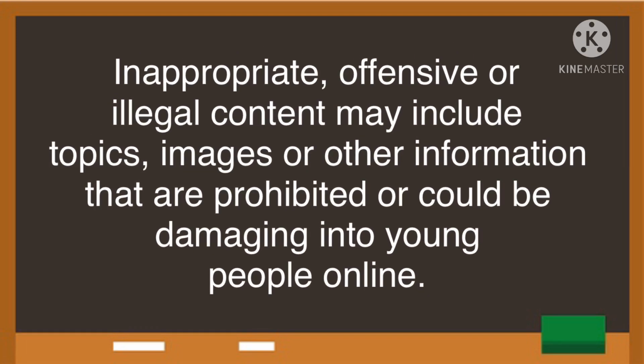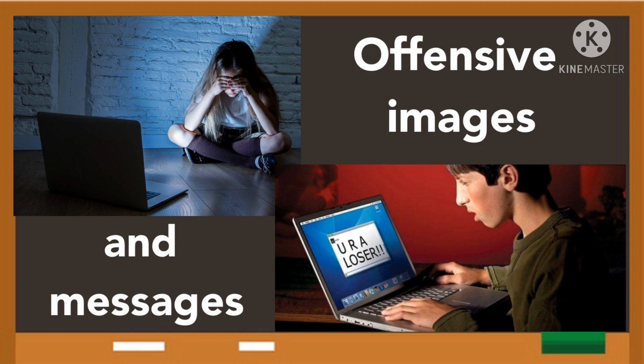Fourth is when your child sees offensive images and messages. Inappropriate, offensive, or illegal content may include topics, images, or other information that are prohibited or could be damaging to young people online. Children and young people may not deliberately seek out inappropriate content. They may inadvertently access content while undertaking online searches.